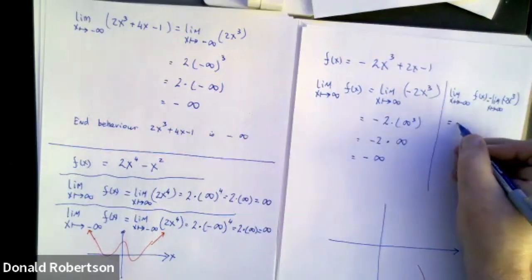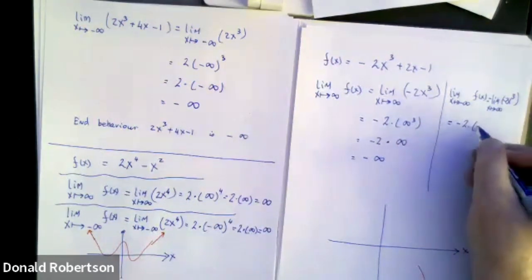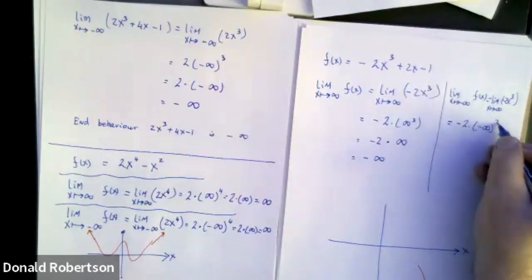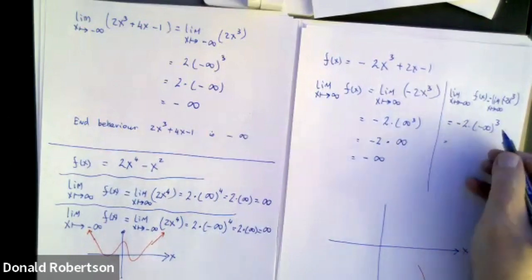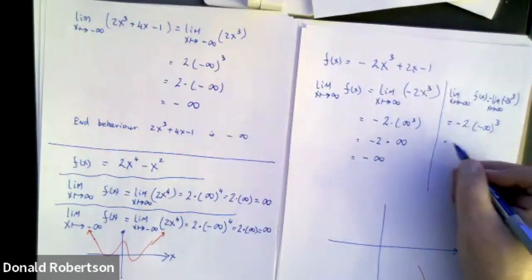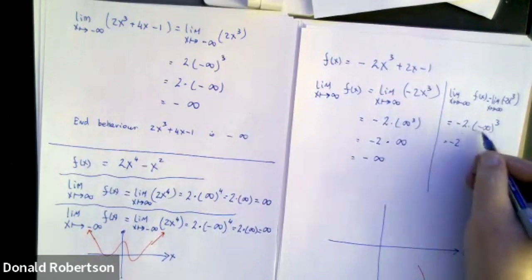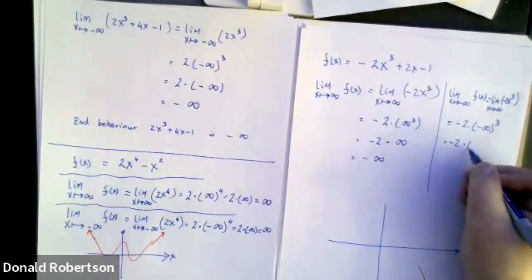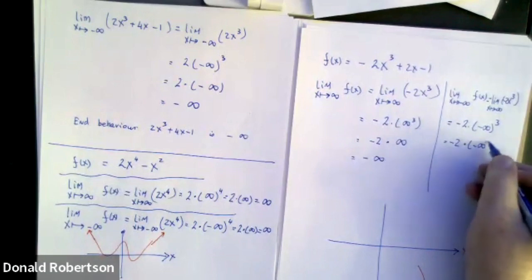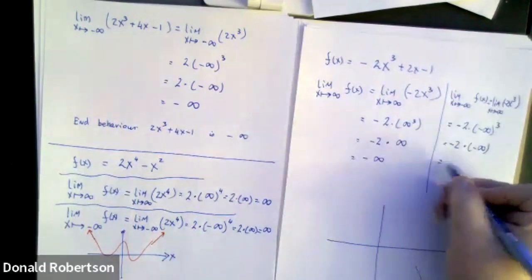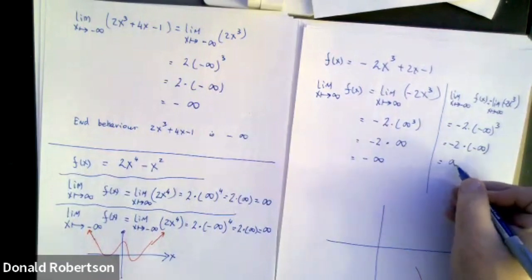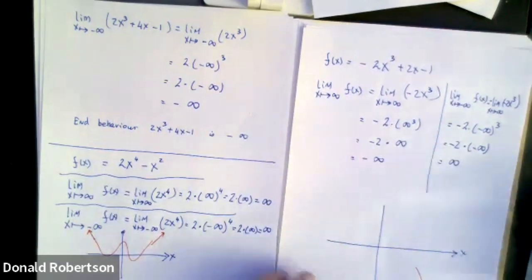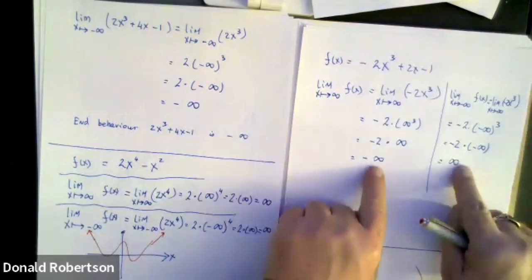It's going to get me negative 2 times negative infinity cubed. Negative infinity times a second negative infinity times a third negative infinity gets you negative infinity. And a negative thing times another negative thing makes the answer positive. Positive infinity. So there's your two end behaviors.